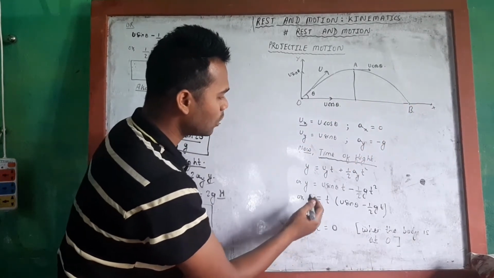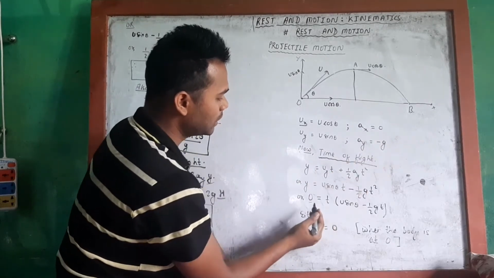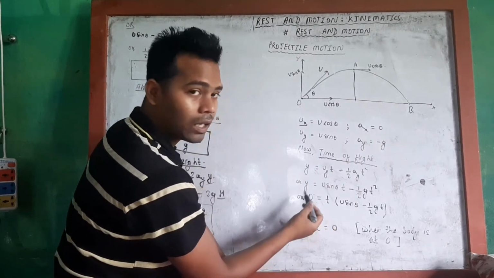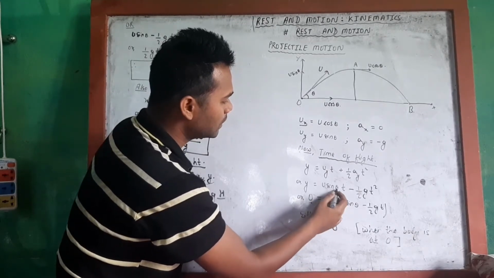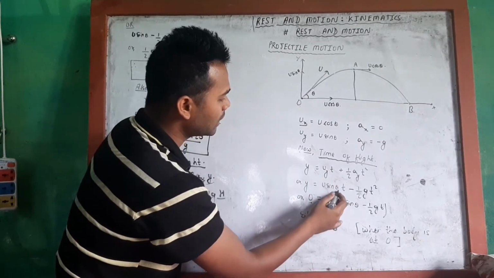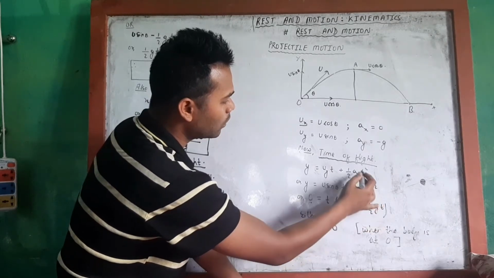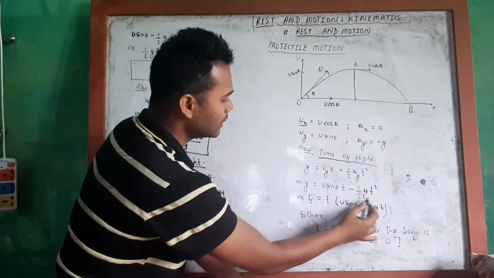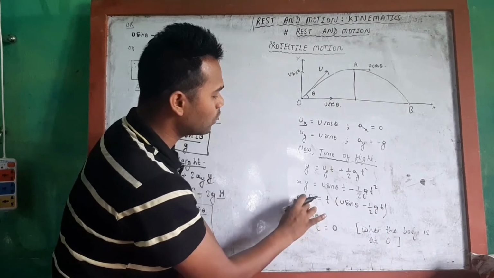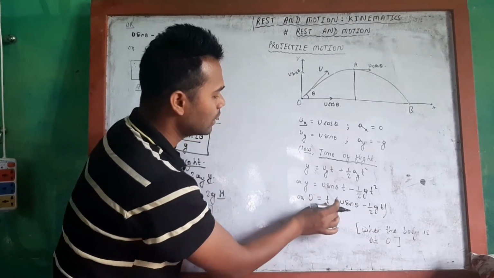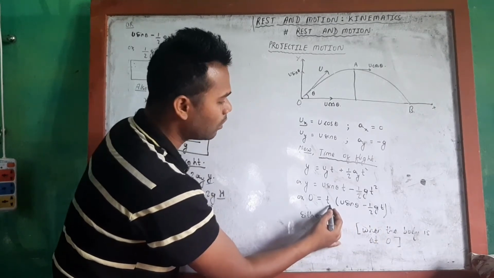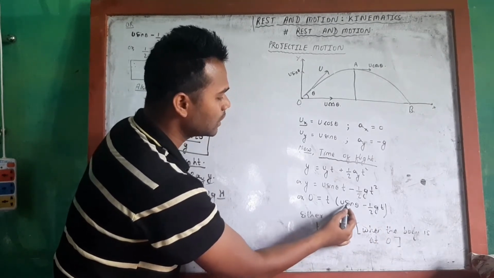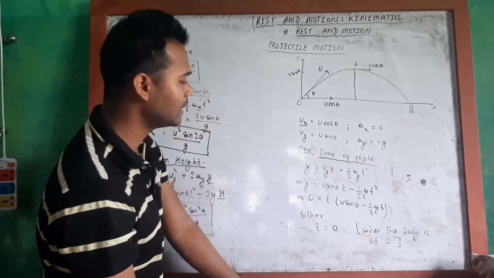That's why let us substitute here y to be 0 to find out the total time of the flight. In this equation, I have substituted the y component of the initial velocity and the y component of the acceleration. I have got this equation, and now putting y coordinate to be 0, and in the right hand side taking t common, we will get t times u sin theta minus half gt square.